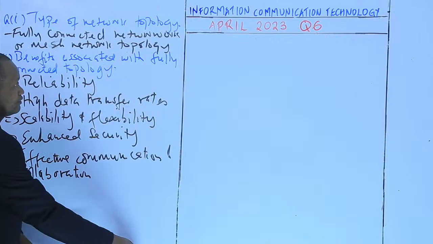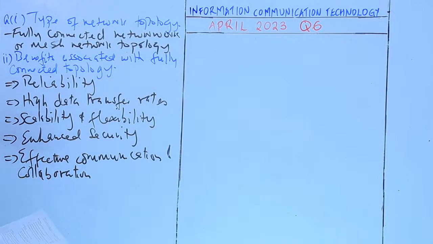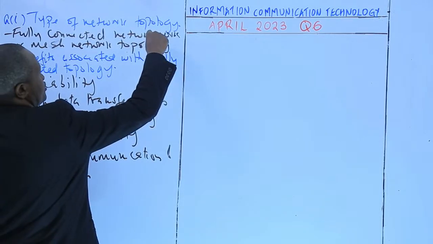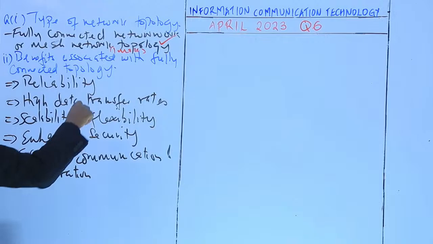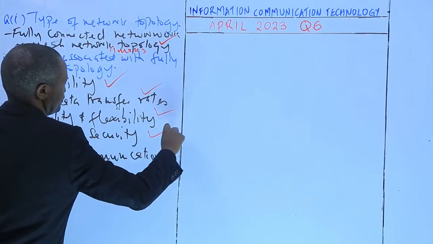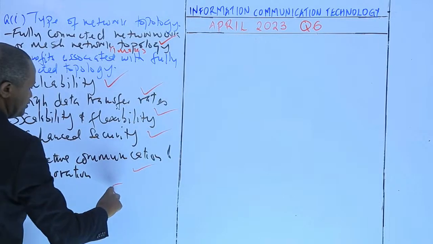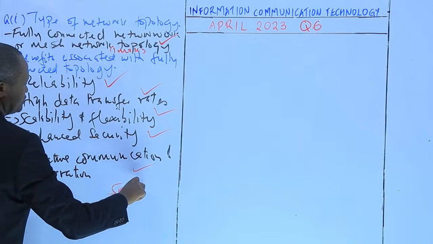So these are 5 benefits, 5 marks. This type of network is 1 mark. Benefits 1, 2, 3, 4, 5, 5 marks.